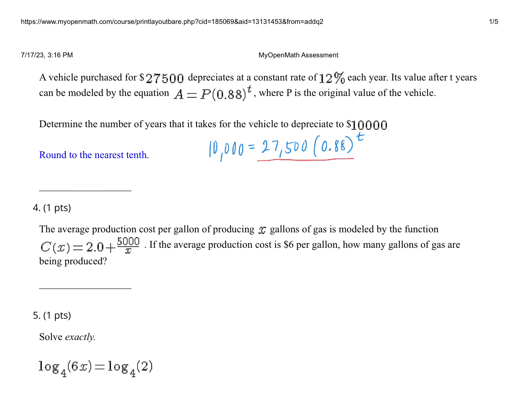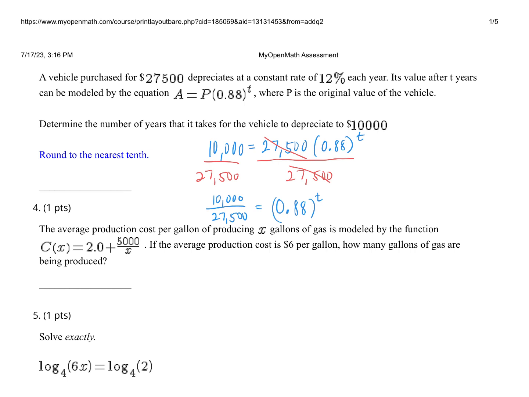So first we would divide both sides by 27,500. We would then have to take the natural log of both sides. So if I leave this in fraction form and just do everything in the calculator at the last minute, that's usually easiest.